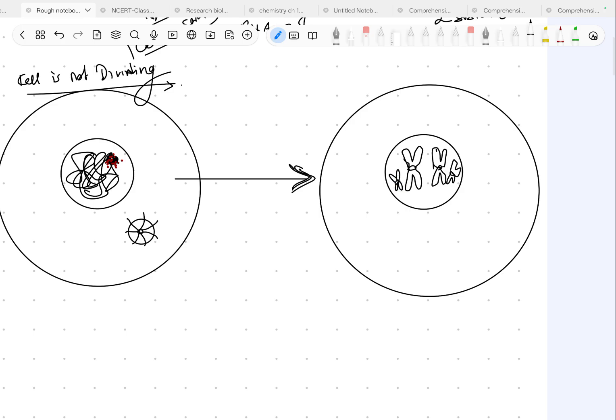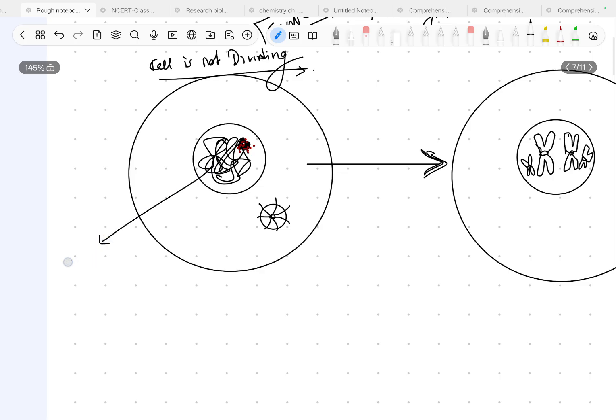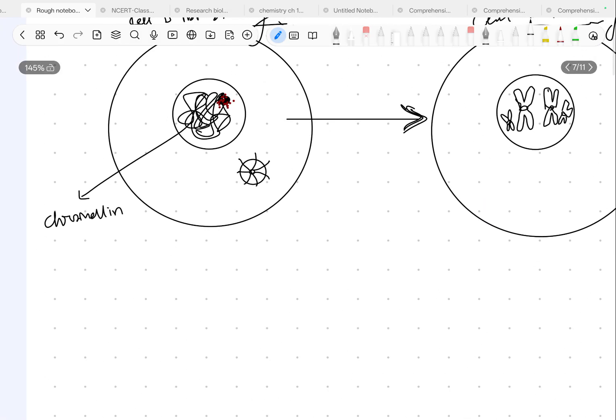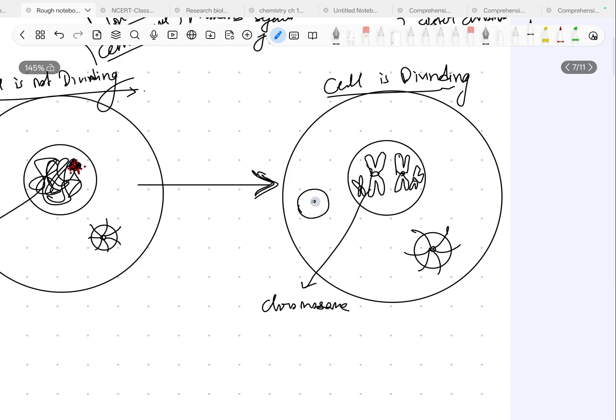Here the chromosomes are formed. Here you will see chromatin in the non-dividing cell, and when the cell is actually dividing, you will see the chromosomes, and you will see two centrosomes, one here and one moving here.